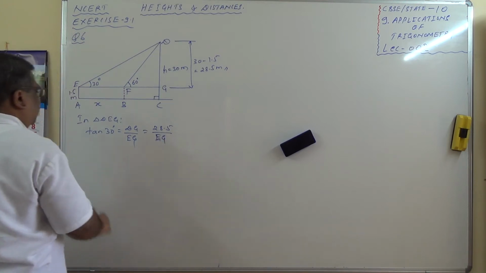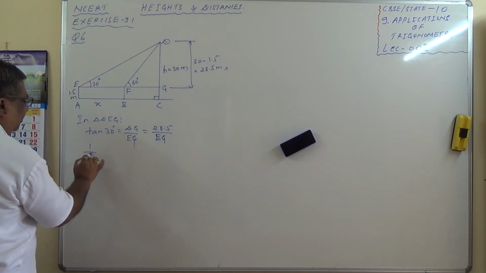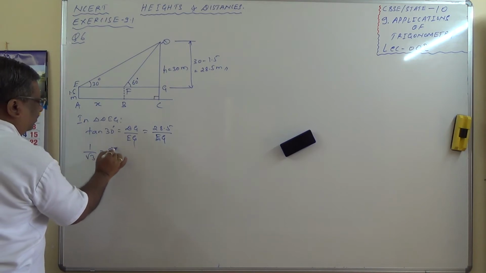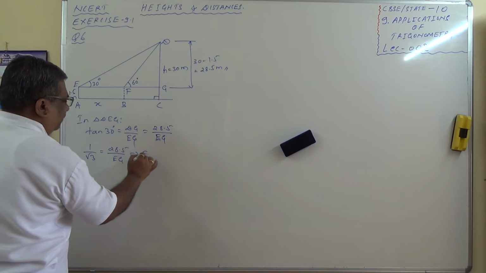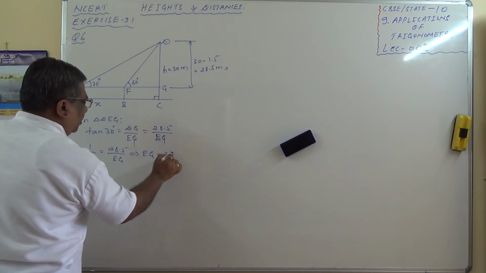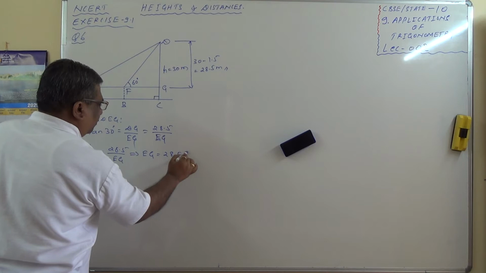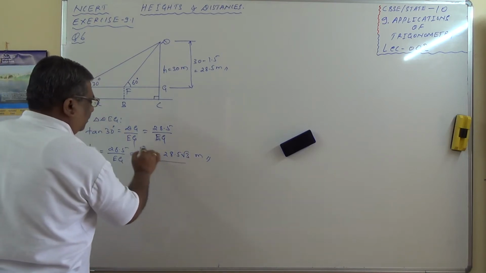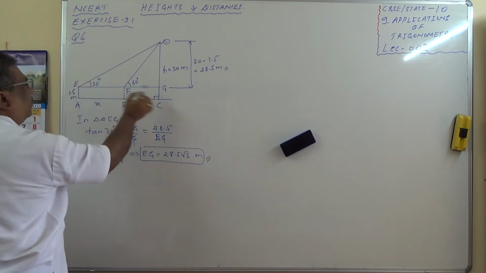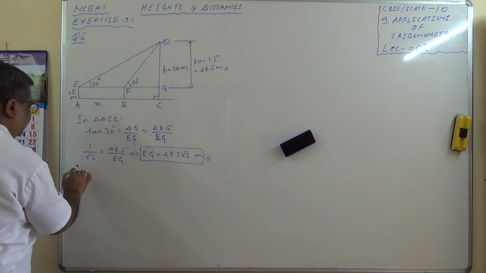Tan 30 is 1 by root 3. Implies EG equals 28.5 root 3 meter, from here to here.